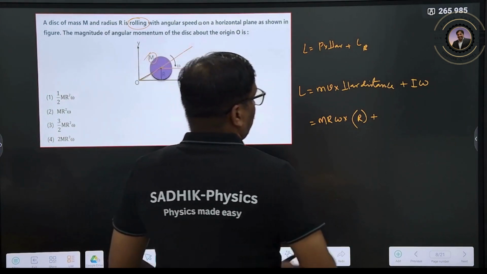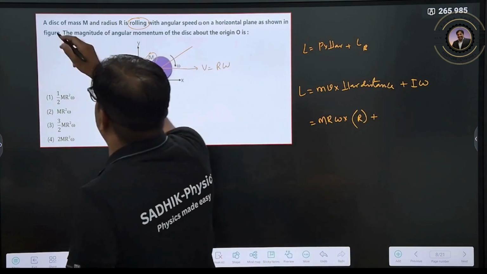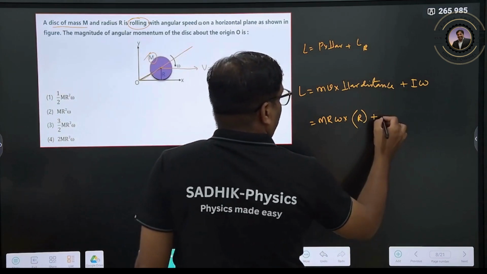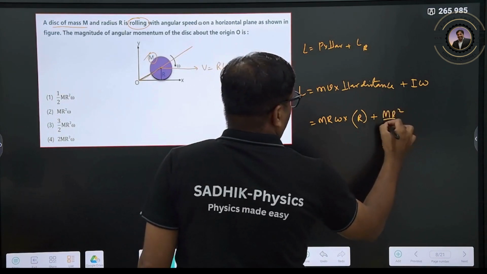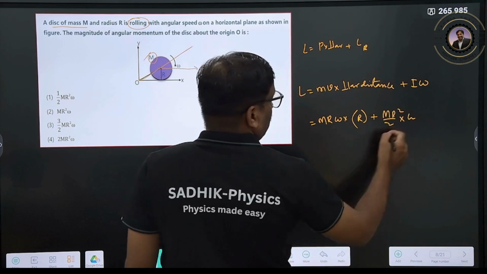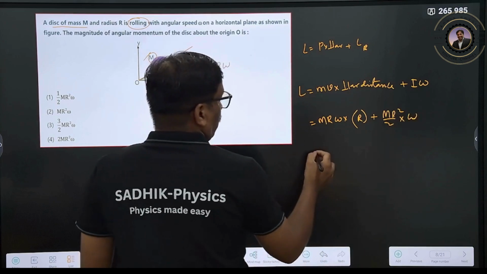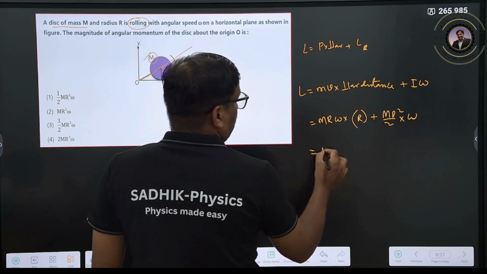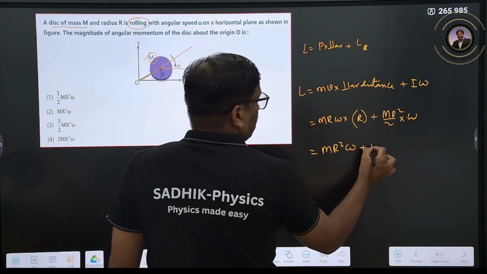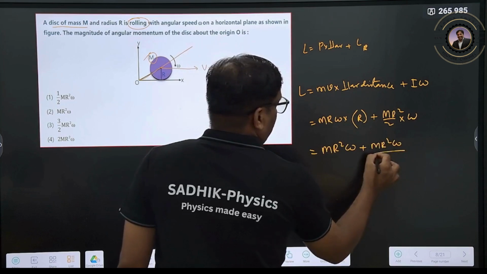Now for I omega, this disc is rotating at this point. The disc's moment of inertia is how much? mr square by 2, into omega. So what you will get is m r square omega, this r into r, plus m r square omega by 2.